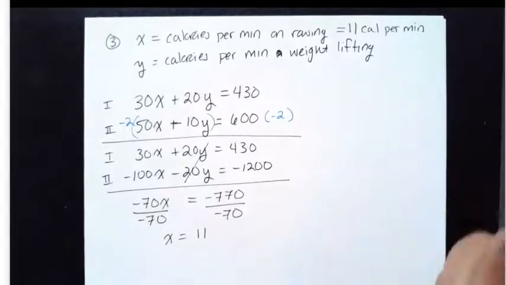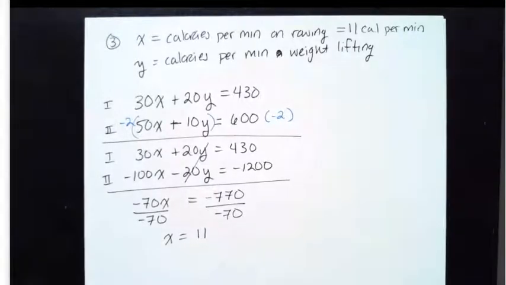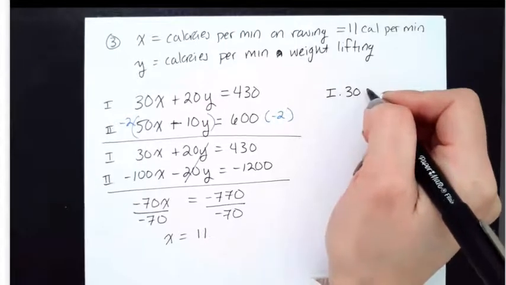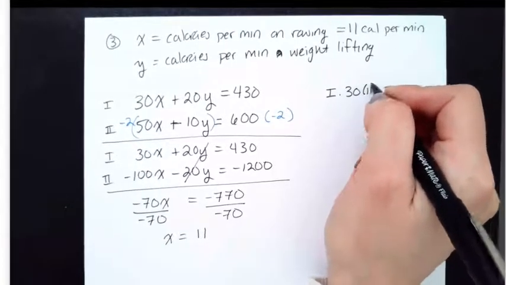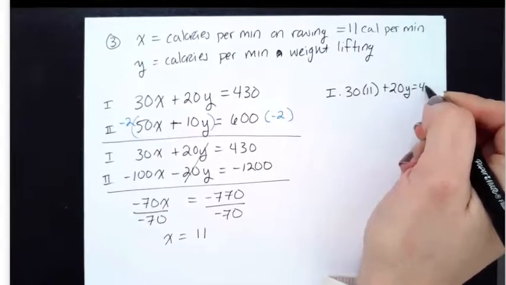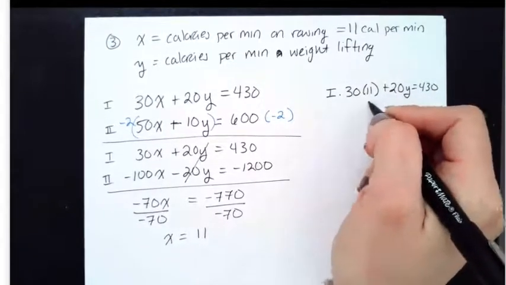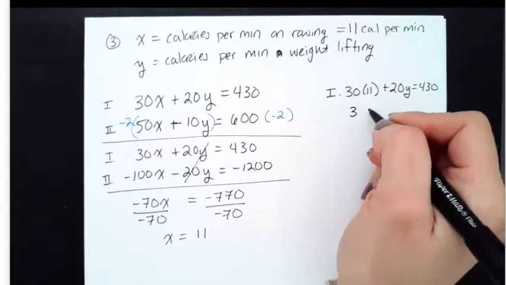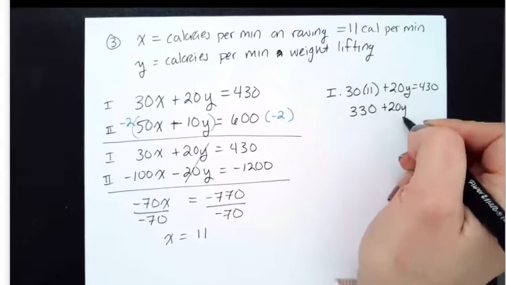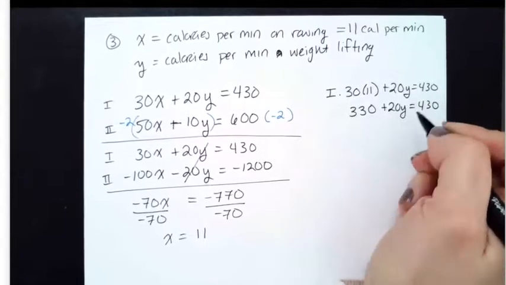And if we want the calories per minute weightlifting, we have to go back to one of our equations. I will go with the first equation. 30x, let me replace x with 11, plus 20y equals 430. Multiplying 30 times 11, 330, plus 20y equals 430.